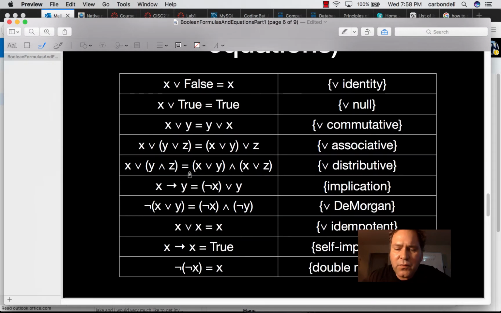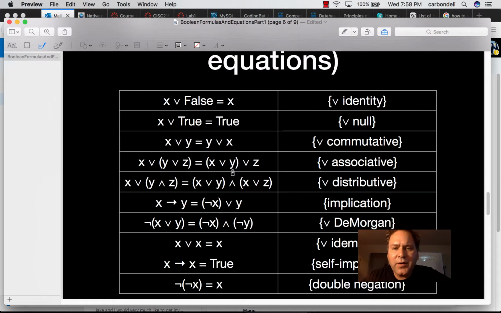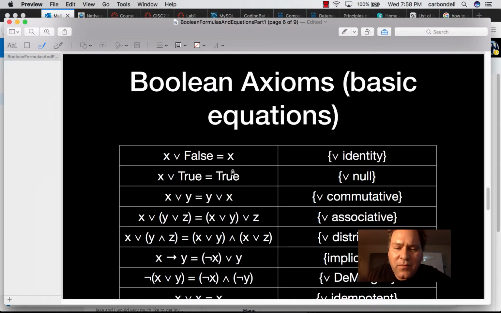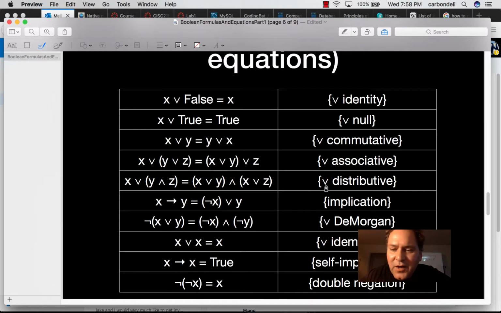And so you can just go through these and think about these. And if you've got some skills working with algebra, it isn't too difficult to see how the rules of algebra also apply. So in something like OR distributive, you can see if you just look here that we're basically treating the logical OR as sum and the logical AND as a product.